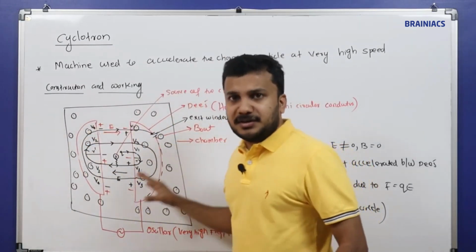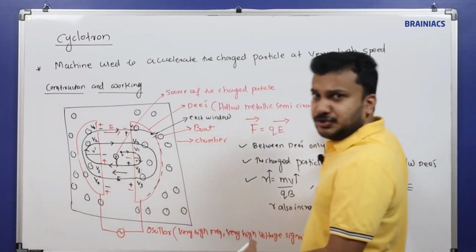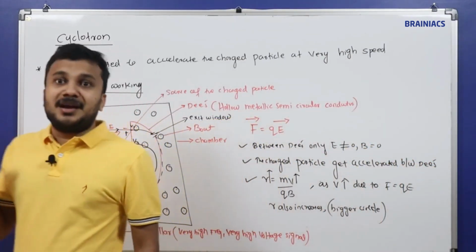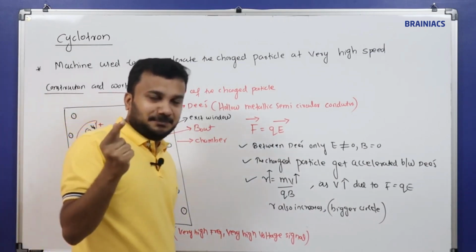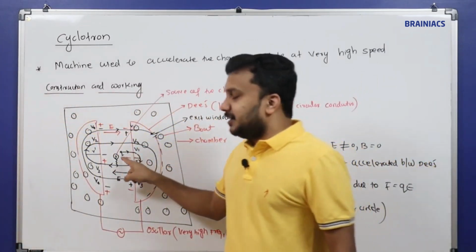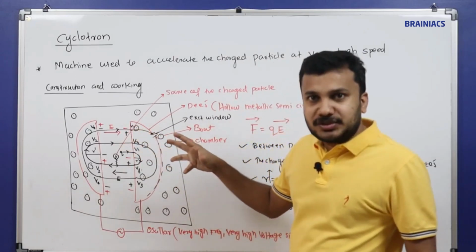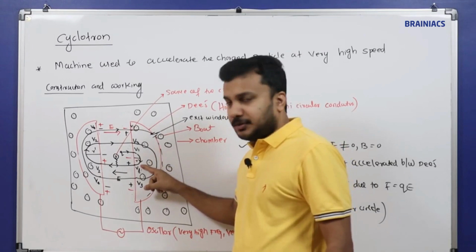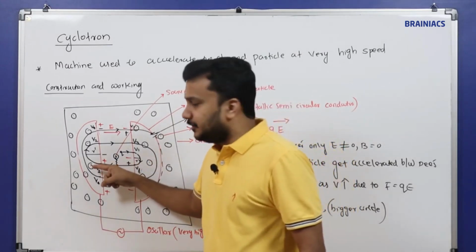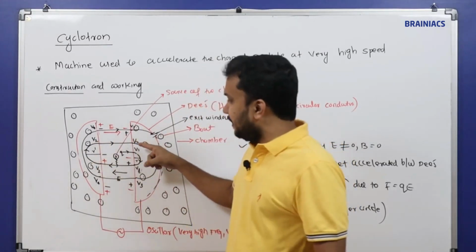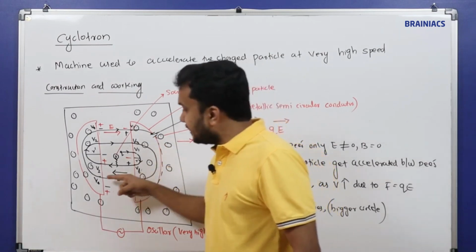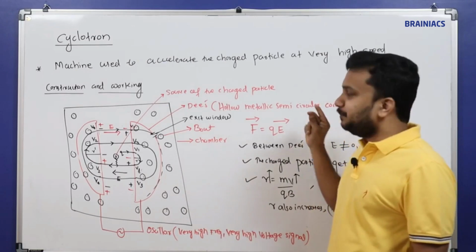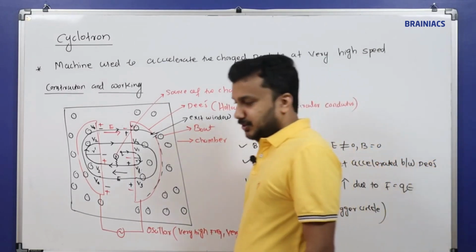Charged particles produced by the source will undergo accelerated rotation repeatedly and go out through the exit window.